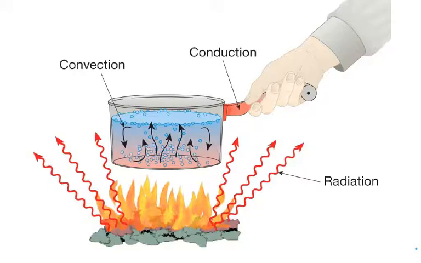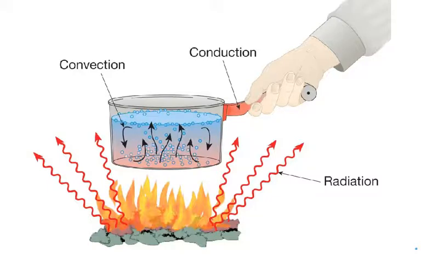Conduction happens when heat is transferred between substances that are in direct contact with each other. The better the conductor, the more rapidly the heat will be transferred. Metal is a good conductor of heat. Conduction occurs when a substance is heated, and particles gain more energy and vibrate more.